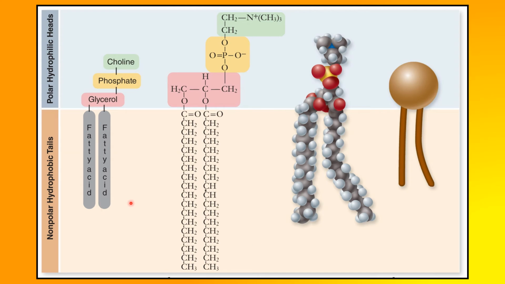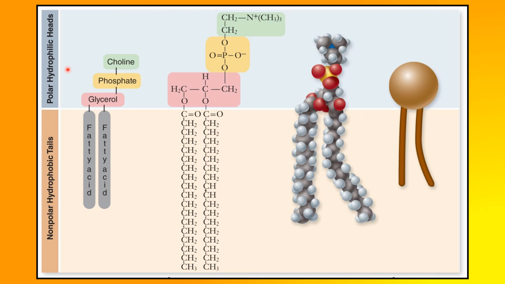And so here we see in all of its glory in many different ways the phospholipid. There's your little glycerol molecule, your 2 long-chain fatty acids, and your phosphate group right there. Phosphate interacts well with water. It's hydrophilic.